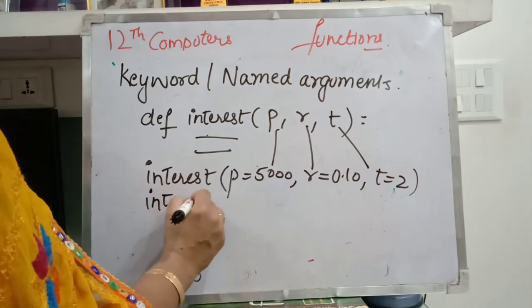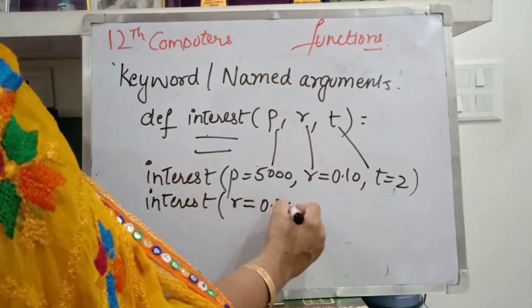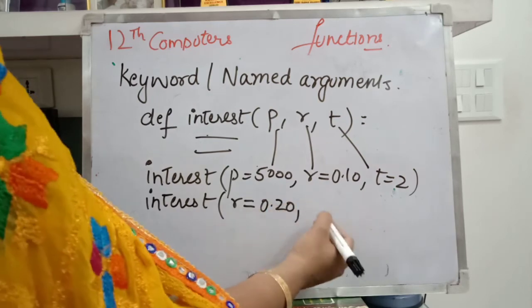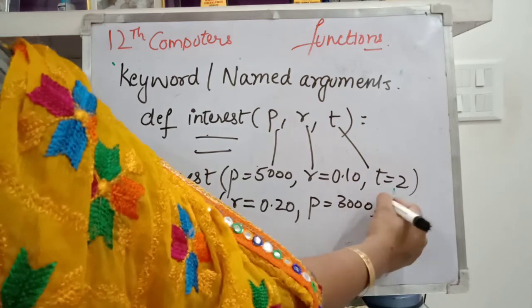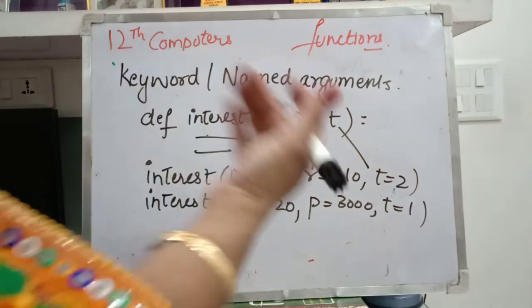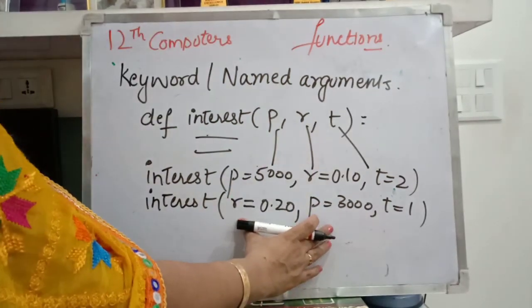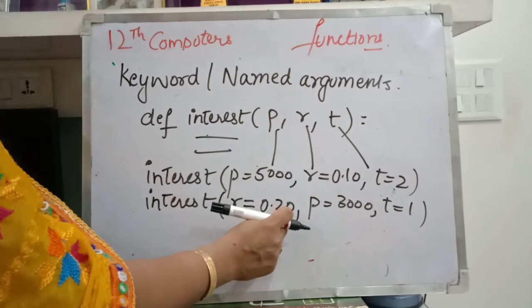Now I am giving a twist to it. First I am defining, let's suppose, rate is equal to 0.20, p is equal to 3000 and t is equal to 1 year. Now in this case, when I have changed the order of my arguments, how will my interpreter take the values?